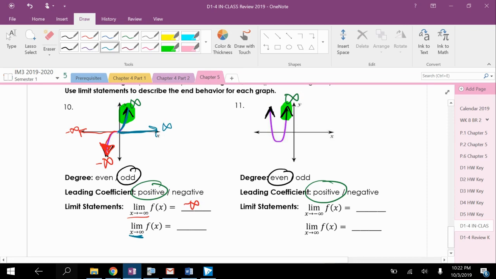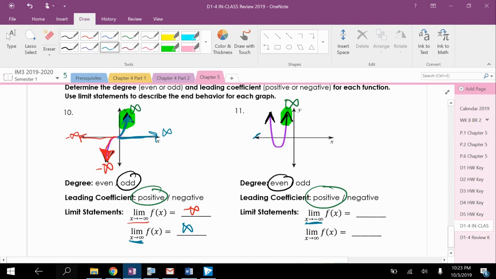The graph is going up to positive infinity. Let's do the limit statements for number 11. As x is getting smaller, here it is, it's getting smaller. The graph is going up to positive, and then as x is getting bigger, the graph is also getting bigger. Same arrows, so it's a little bit easier on those ones.